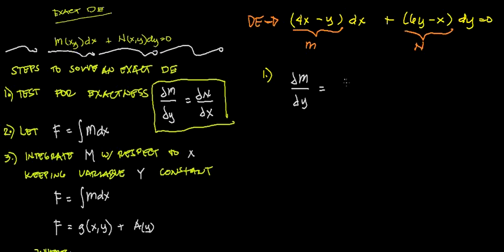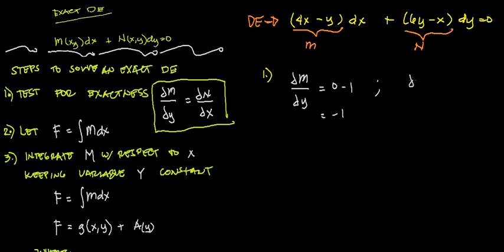This is our M, and we take its partial derivative with respect to y alone, so we treat our x variable as constant. The derivative of 4x is just 0, minus the derivative of the negative y, which is negative 1. So it is equal to negative 1.